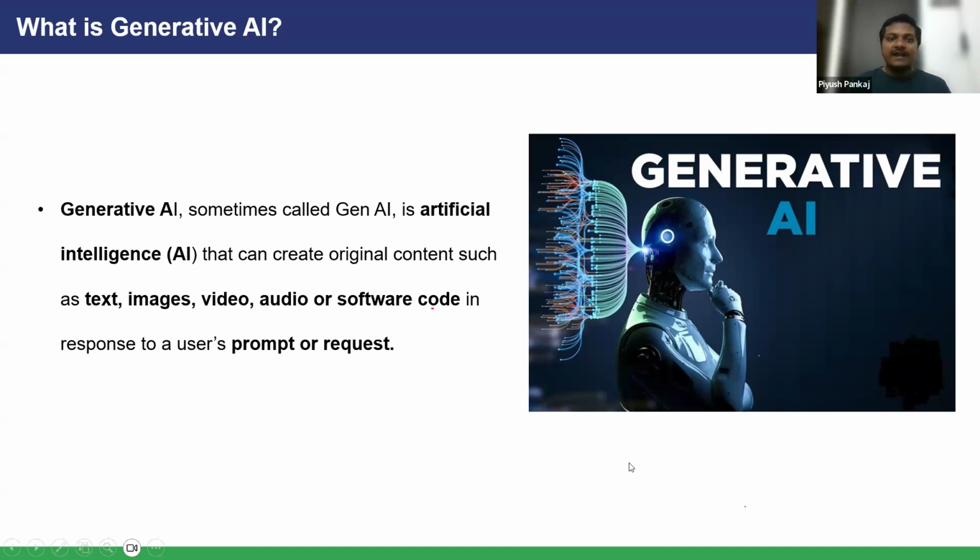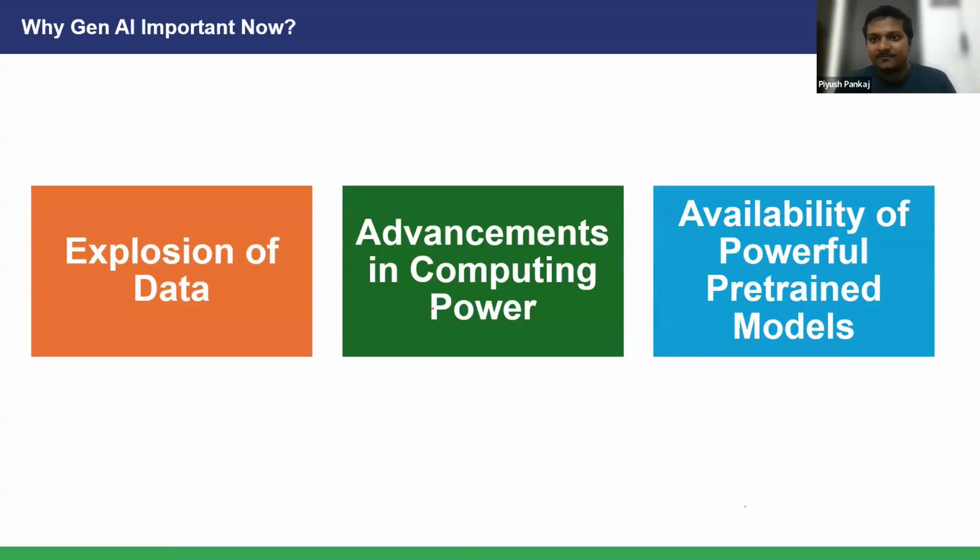Now, why is it important? Why is there a use here, right? There is an explosion of data. You can say that the data generated in the last century was only 1% of the data generated in this century.